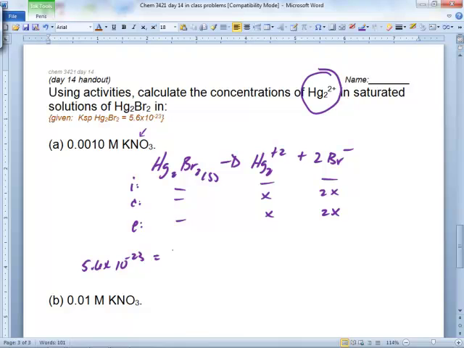And that's going to be the activity of the Hg2 2+ times the activity of the bromide squared. Now you just substitute in: concentration times its activity coefficient, concentration times its activity coefficient.